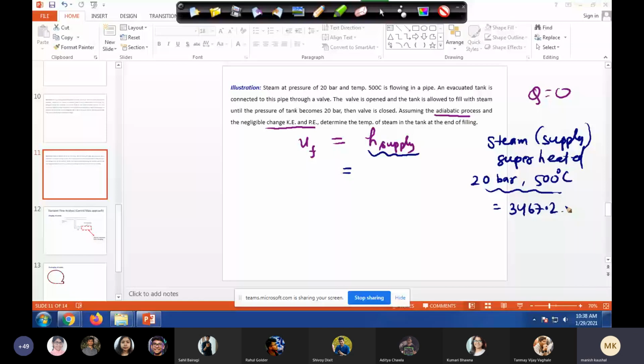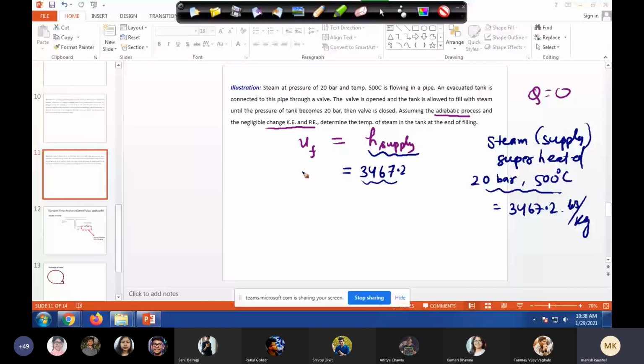Perfect. So we know H supply. Once we know H supply, we get UF. So this is 3467.2, which is equal to U final in the tank.